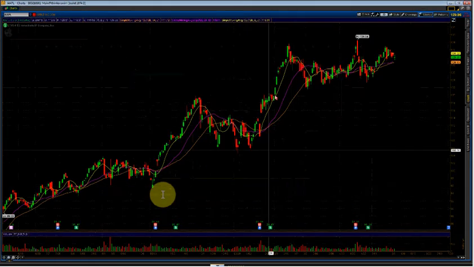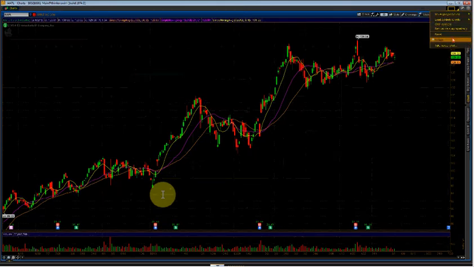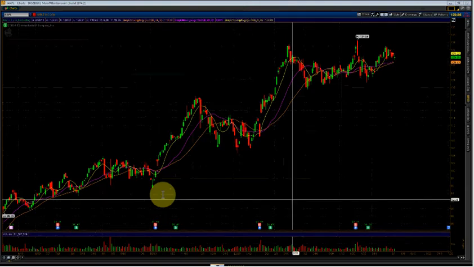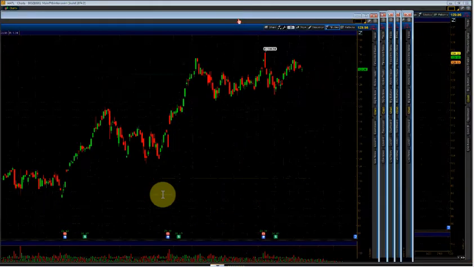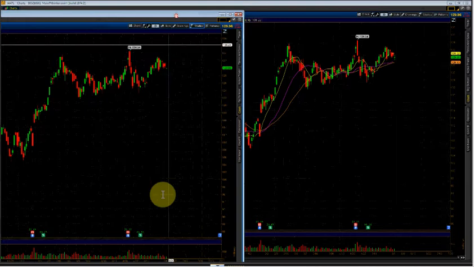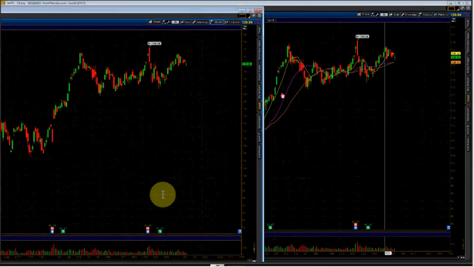From the naked chart to that chart, did your view become a little bit different? Yeah, I can simply run them side by side here.